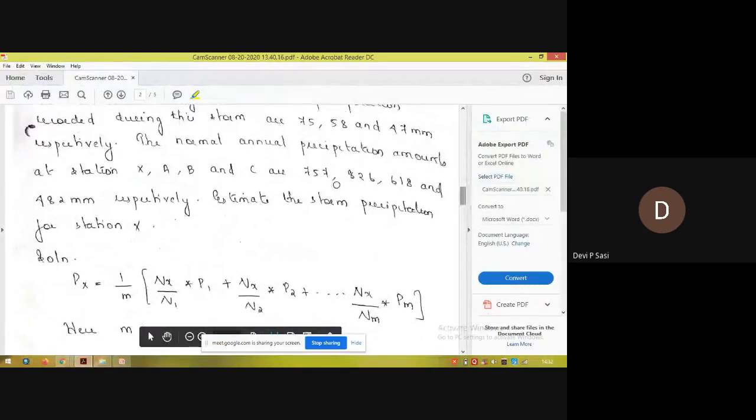Here you can see that the normal annual precipitation amounts at station X, A, B and C are: NX equal to 757. N1 or NA is equal to 826. Then N2 or NB is equal to 618 and NC or N3 is equal to 482. So, ഒരു കാര്യം ശ്രദ്ധിക്കുക.